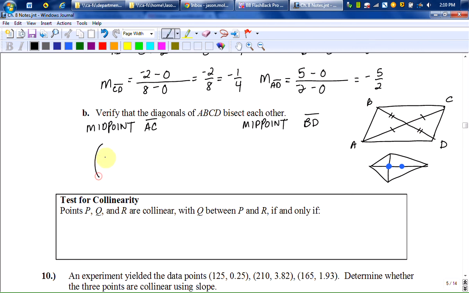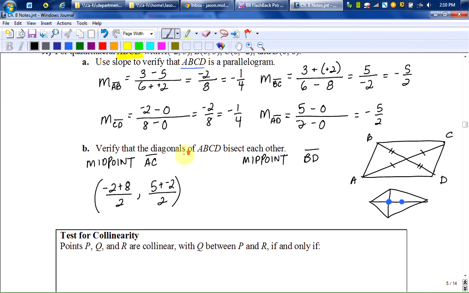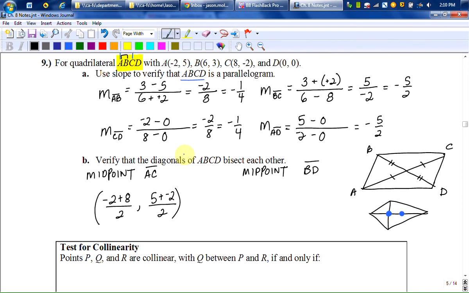Midpoint formula, we're going to add x's and divide by 2, and we're going to add y's and divide by 2. Let me scroll up and show you where my ordered pairs are.